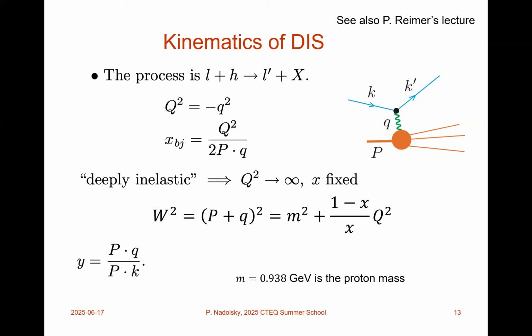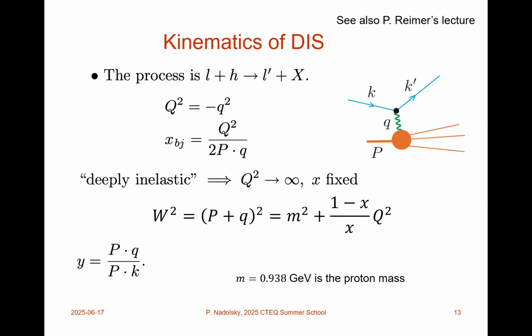And so then you have these two variables, Q squared and X. Now, deeply inelastic means that Q squared is very large. It doesn't have to be infinite, but it is much larger than 1 inverse GeV squared. And now we will assume for a moment that X is fixed. So when Q squared goes up, X doesn't change much, let's say it's close to 0.1.